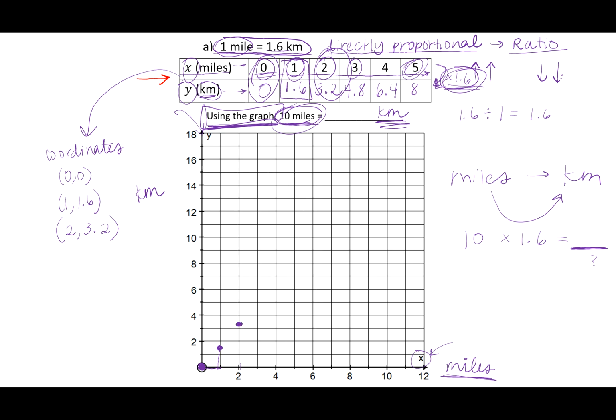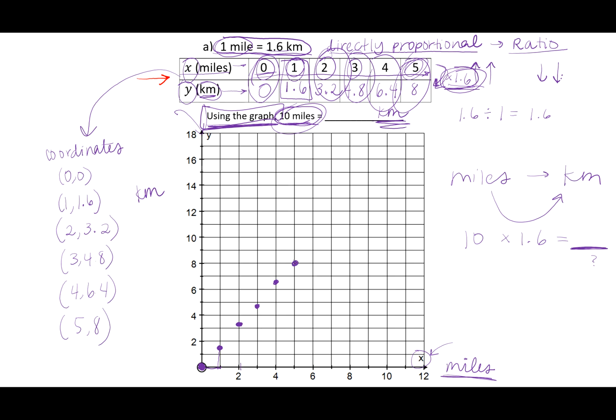Let's see, 3, 4.8 will be located, 3 is here, 4.8 about here. Next one, 4, 6.4. 4 is here, 6.4 is about in between 6 and 7, sort of there. And then the last one, 5, 8 should be easy, 5 and 8.